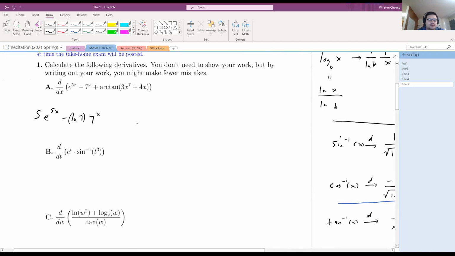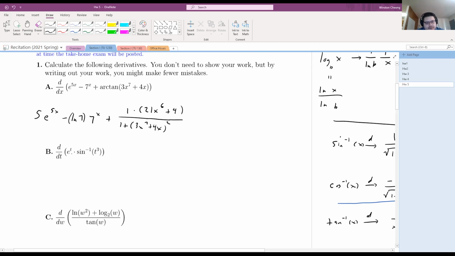Altogether, we say 1 plus 3x to the 7 plus 4x, we square that whole quantity, and then we multiply. I may as well multiply it on the top of the fraction to save space. We now take the derivative of this inner function, which is just power rules, so this becomes 21x to the 6, and that term becomes a 4. Then you can just leave it like that.